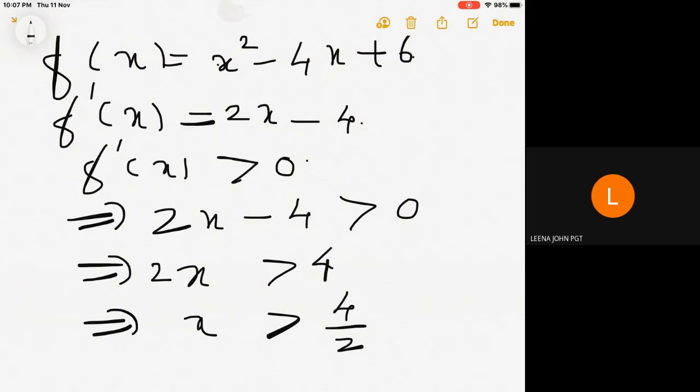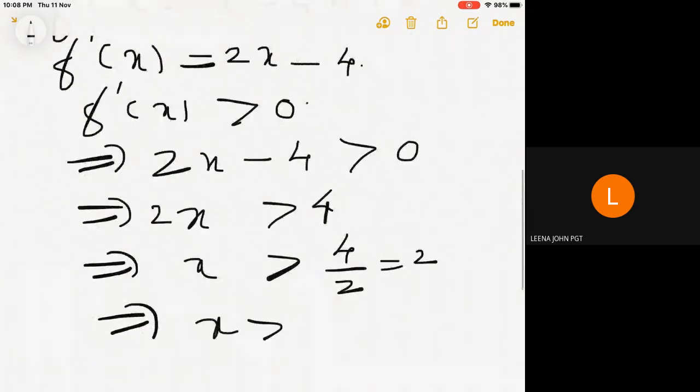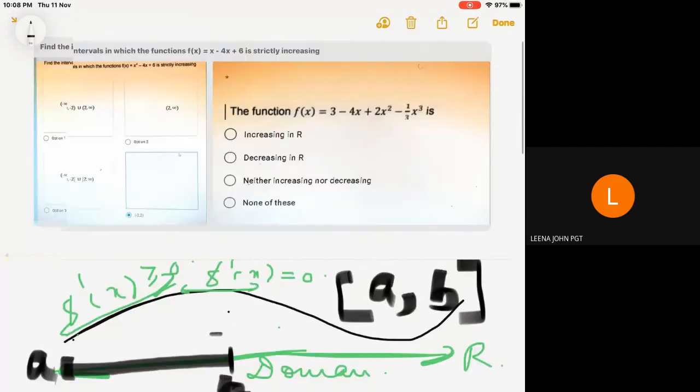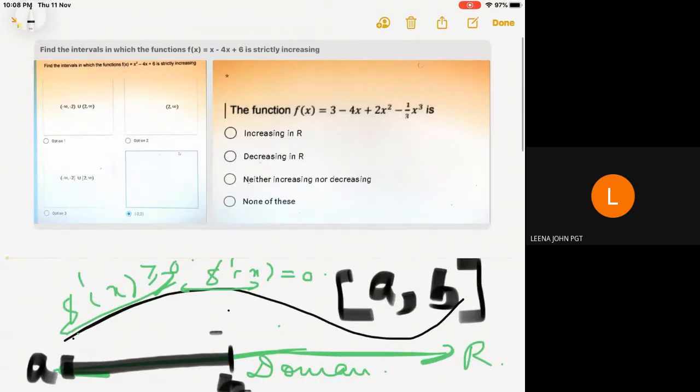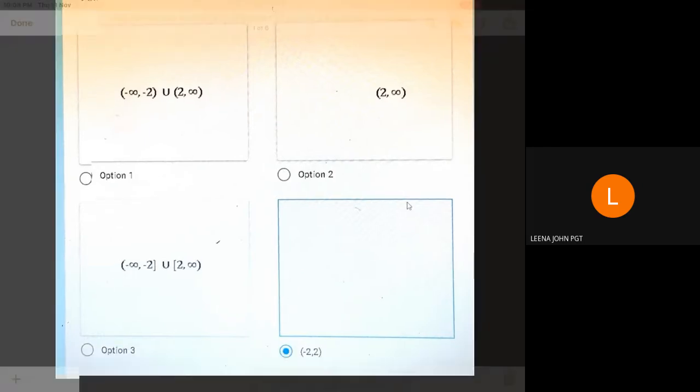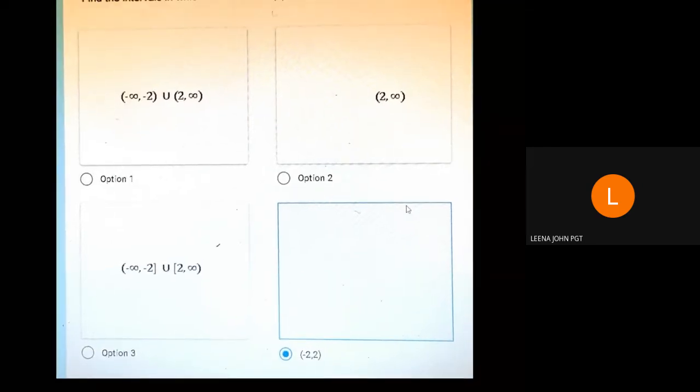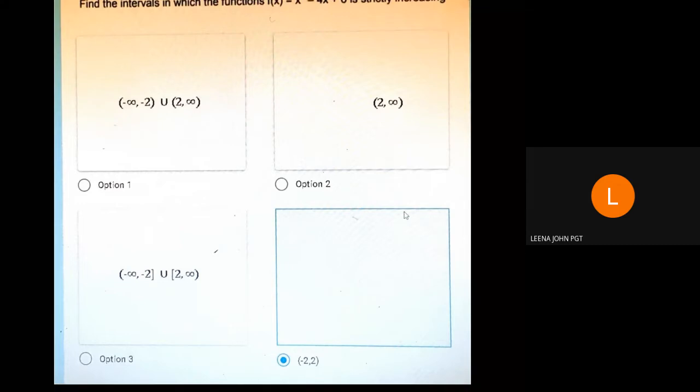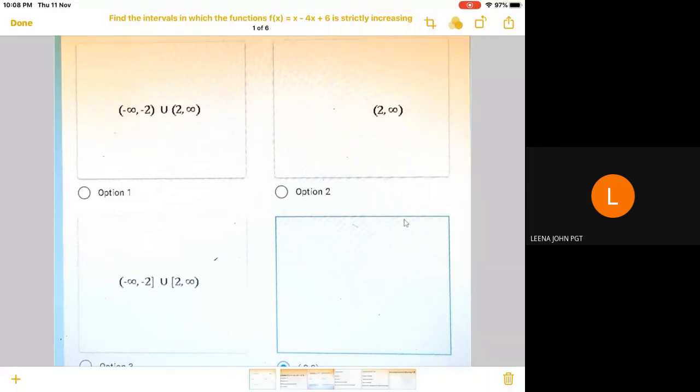In an inequality, if you divide either side by a positive quantity, the inequality does not change. So here we get x is greater than 2. That means your answer will be all the real numbers greater than 2. So the second is your option, 2 to infinity.